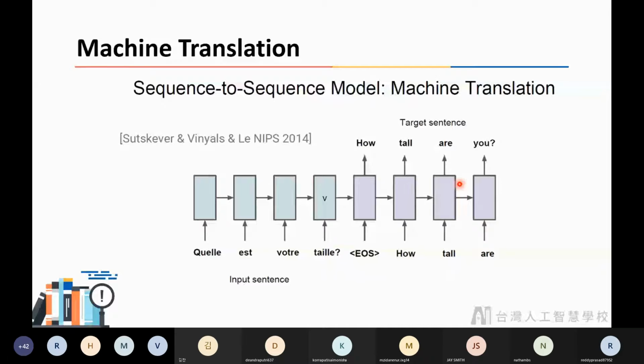There is a time factor in this model. The model can learn the relationship between the previous word and the next word. So the output is how tall are you? So how is the output and becomes the input of the next step, and then tall is the output and the next input. So they go one by one. So this is the operation of RNN, and machine translation is the typical example.